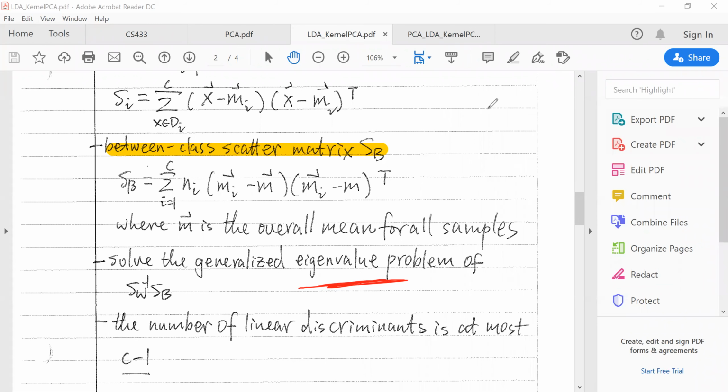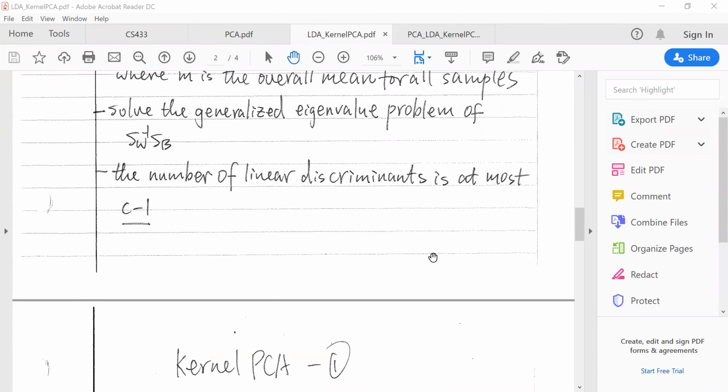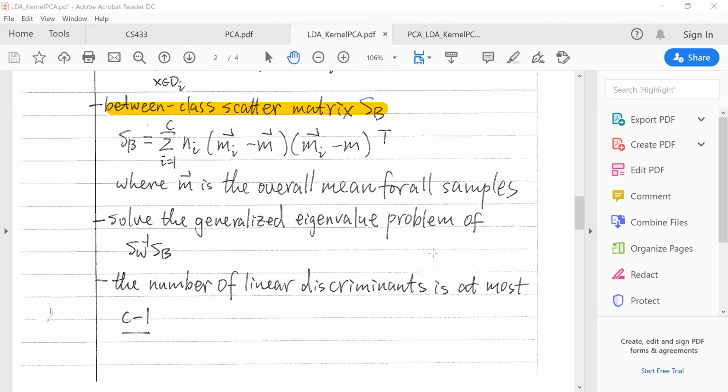With this, we can find the LD1 and LD2, those linear discriminant components, and then you can project. The remaining steps are similar to PCA: once you find them, you can do the data projection.